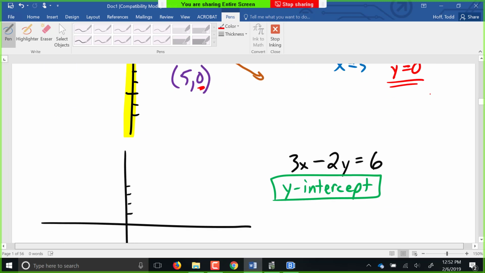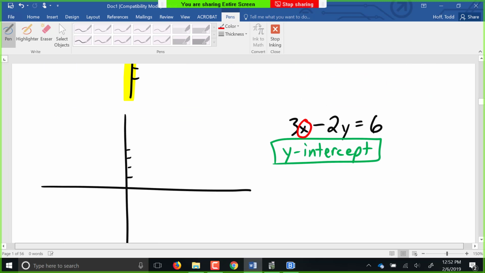So I can find that y-intercept by replacing x with 0. So it's 3 times 0 minus 2y equals 6.